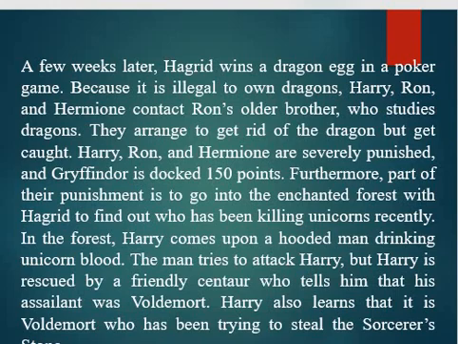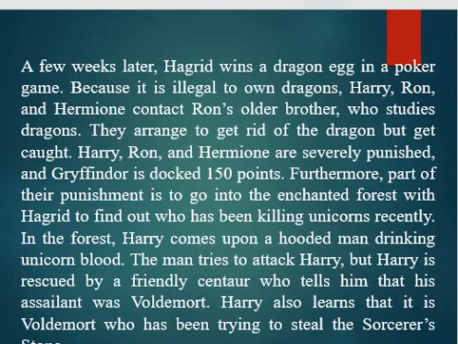A few weeks later, Hagrid wins a dragon egg in a poker game, and because it is illegal to own dragons, Harry, Ron, and Hermione contact Ron's older brother who studies dragons. They arrange to get rid of the dragon but get caught.